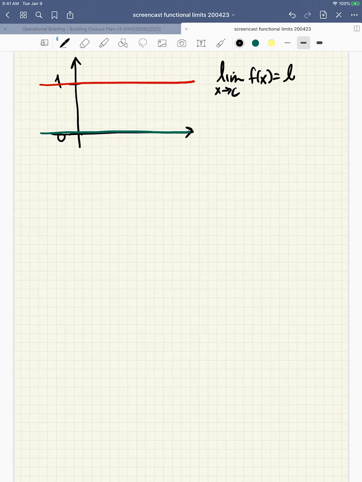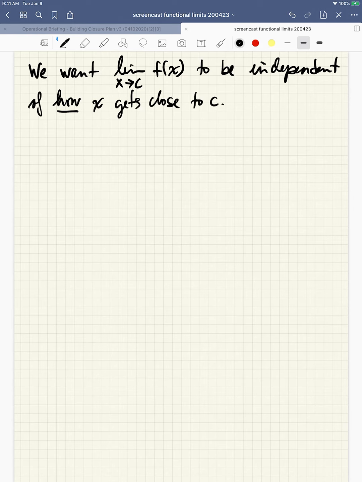In the previous example with the Dirichlet function, the answer depended upon how we chose those terms of the sequence, right? If we chose them all to be rationals, our limit was 1. If we chose them all to be irrationals, our limit was 0. What we want is a method to talk about functional limits that doesn't depend upon how we choose that sequence. It doesn't depend upon how the x's are chosen to get closer and closer to c.